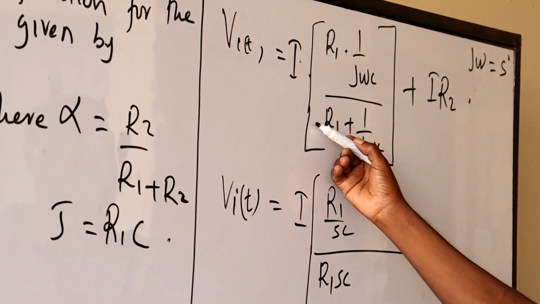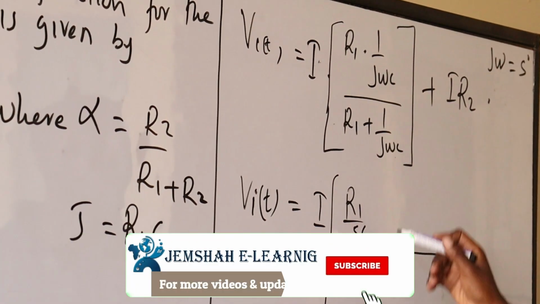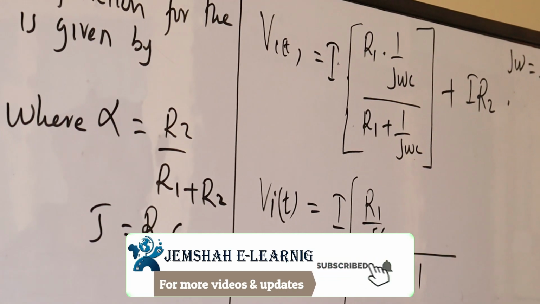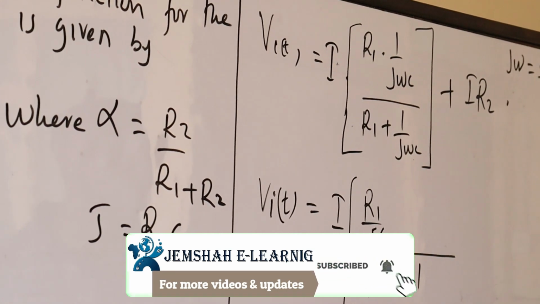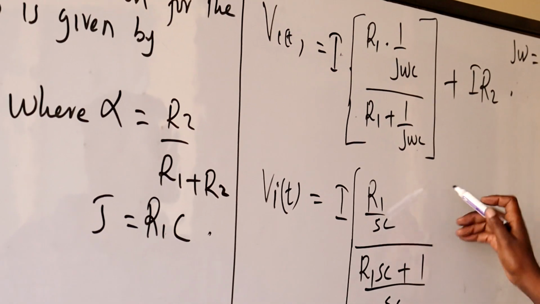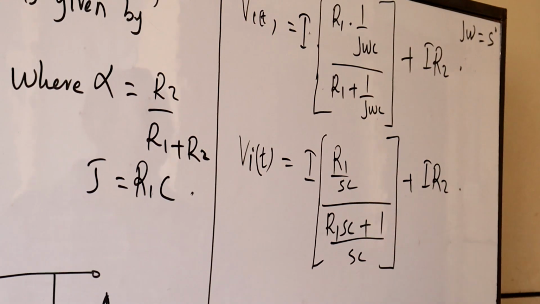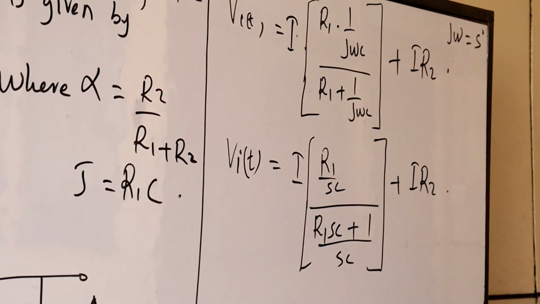So that one is going to multiply that. With j omega as s, this becomes R1 SC plus 1 all over SC, so that one can multiply that, then plus I R2. So that is what that is all about.